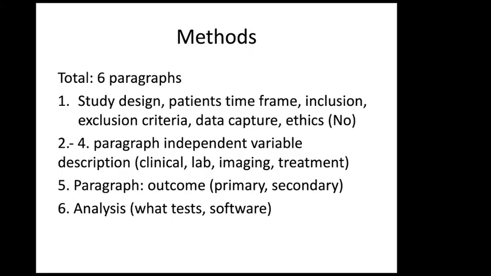There's always two ways of setting it up. You can either say it in the positive way, namely, I included children from the ages of 6 to 12 years as number one, as number two, that are fluent in English at a grade 6 level, number three, that had complete imaging at time points 0, 3, and 12 months.